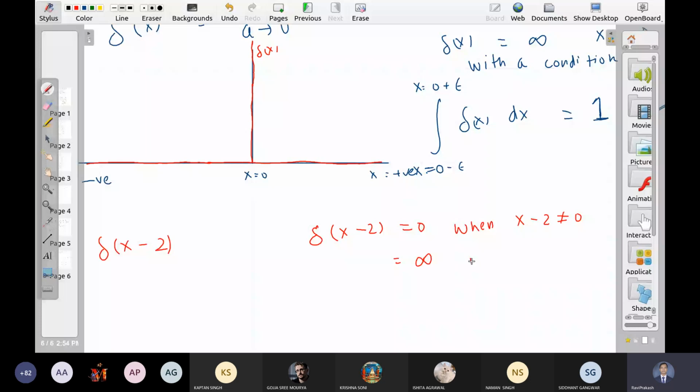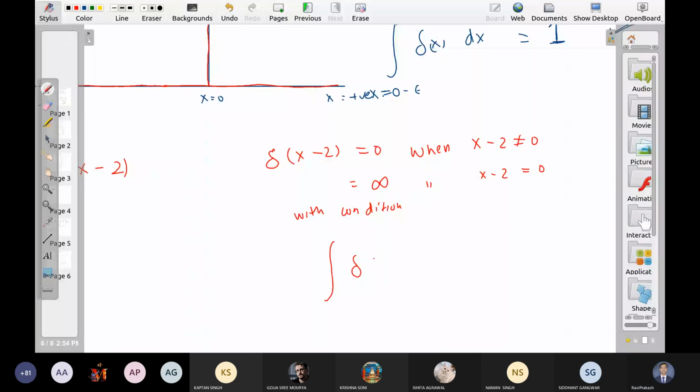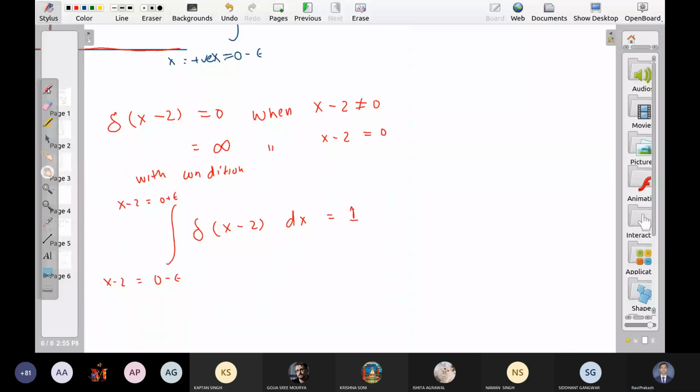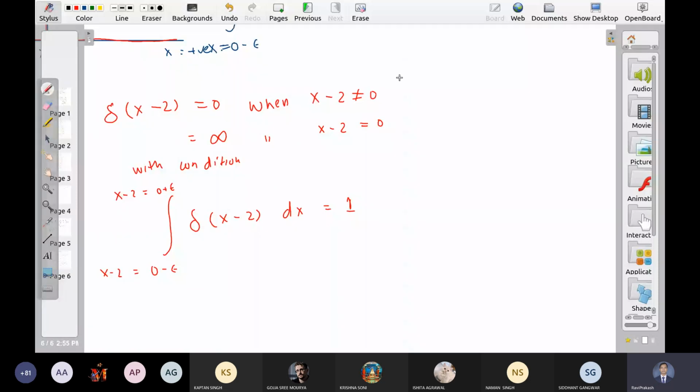And what is the condition? Integral delta x minus 2 dx, from x minus 2 equal to 0 minus any small number to x minus 2 equal to 0 plus any small number, has to be 1. Or we can simply write that delta x minus 2 is 0 when x is not equal to 2.